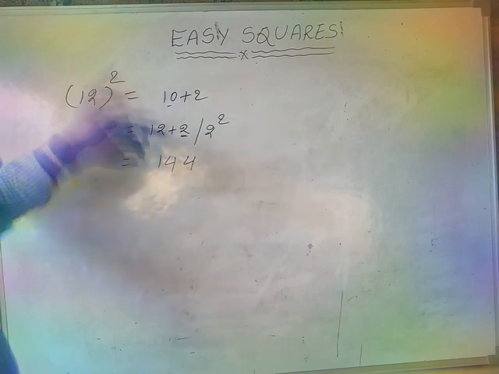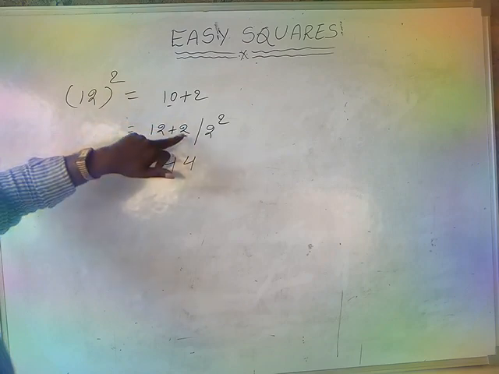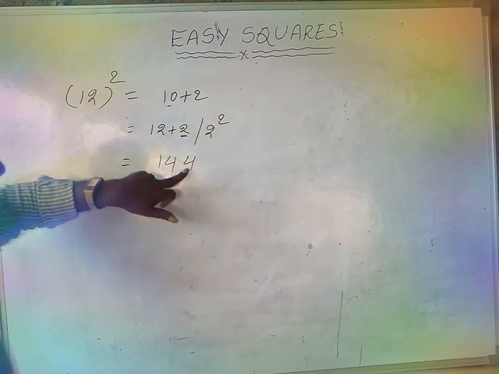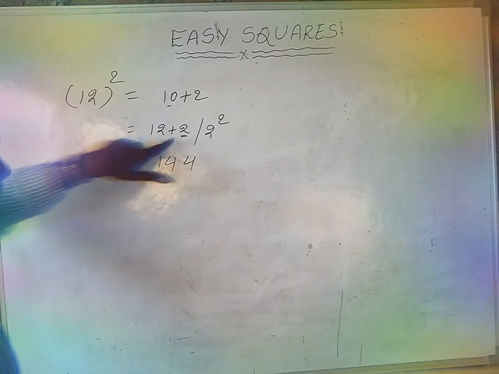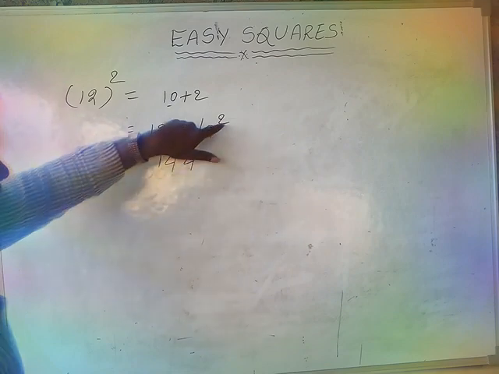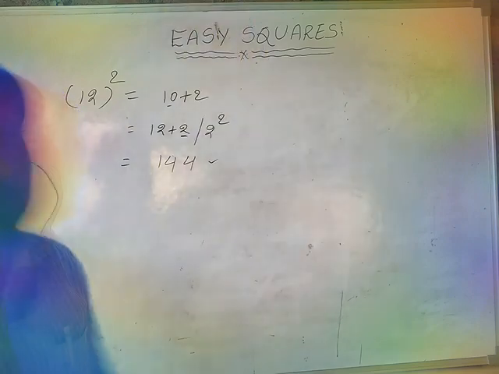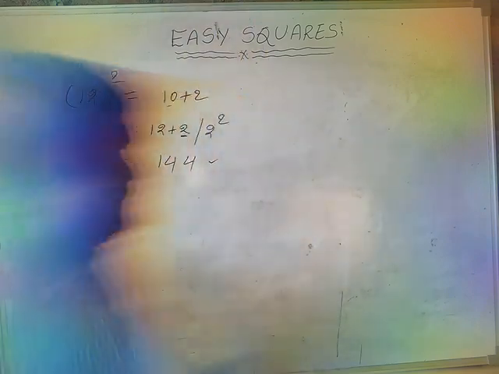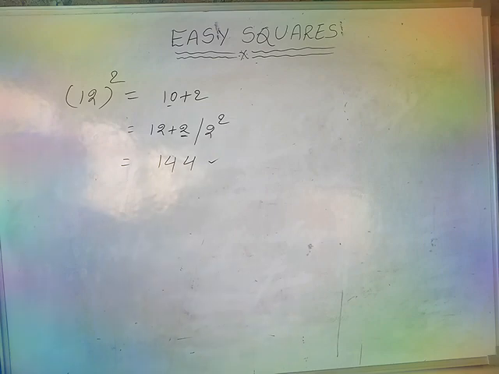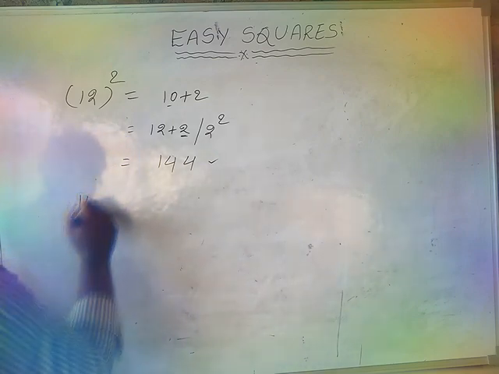After that, the square of the remaining number 2 is 4. So 12 plus 2 is 14, 2 square is 4. 144 is the correct answer. 12 square is 144.